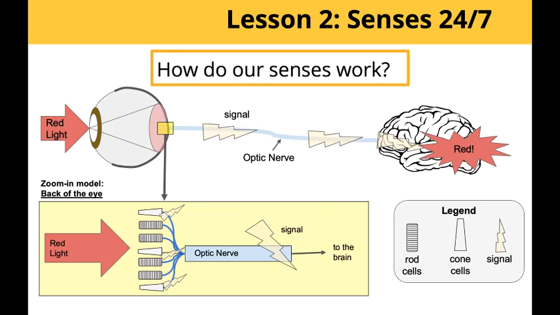These cells start a signal, which is a chain of chemical reactions. This signal spreads through the cell and down a nerve to the brain. The brain then processes the signal and interprets it as our sense of sight. Students will continue to build on this initial model as they learn more about how our senses work.